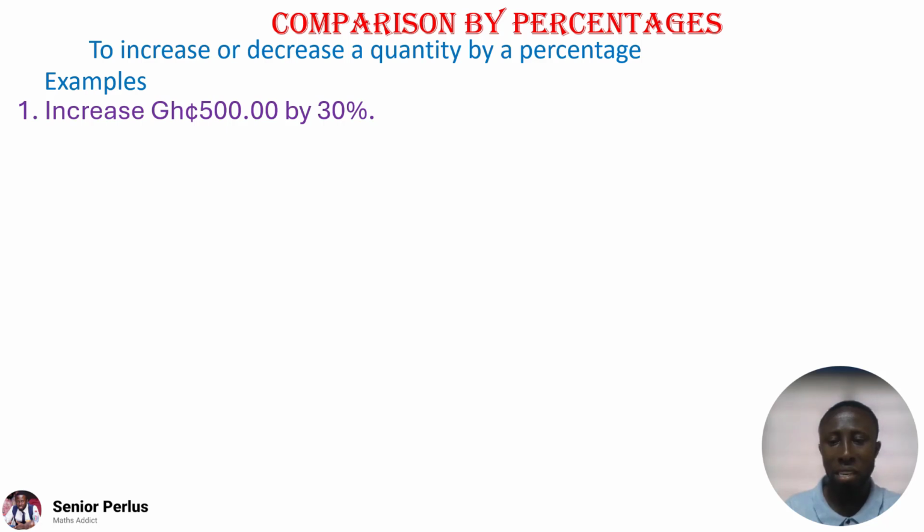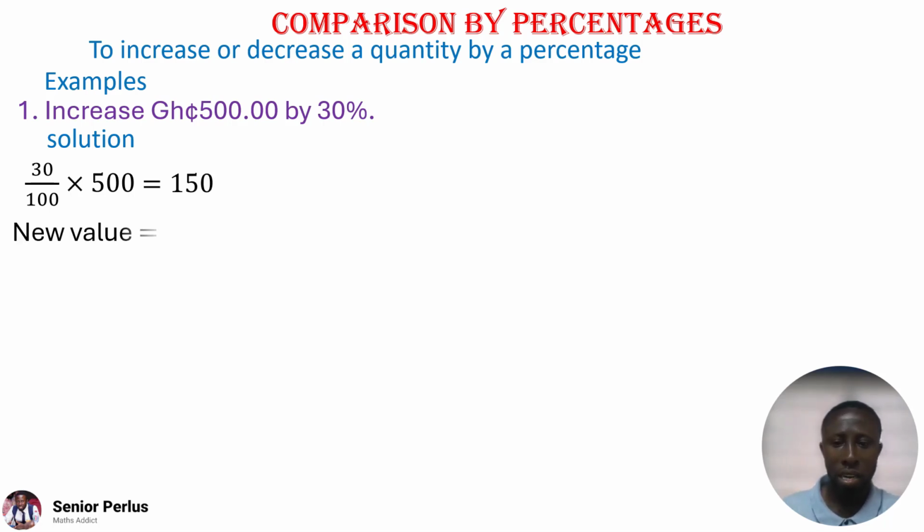But this time it's an increase. So after getting the answer, you add the quantity to get a new value. So 30% times 500, you will get this. Since it's an increase, the new value will be 500 plus 150. Very simple.